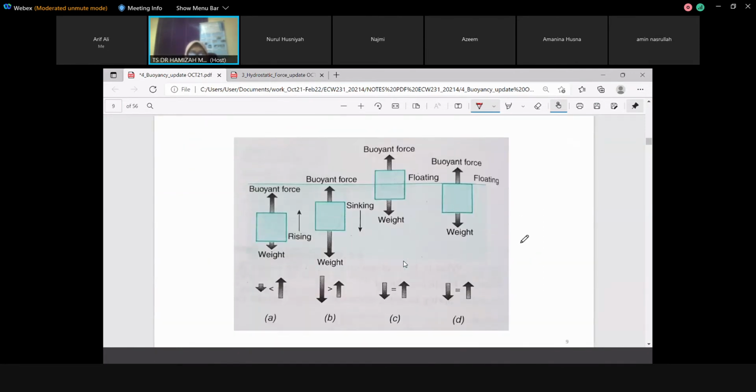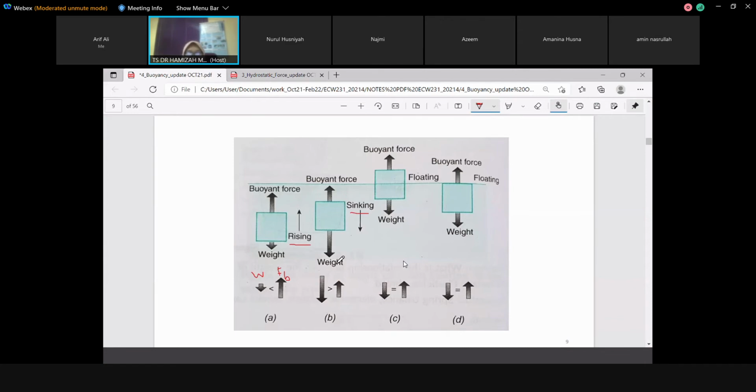Okay, so we have different condition here. So the first one, weight rendah, buoyant force tinggi. Okay, so bila weight rendah, buoyant force tinggi, dia akan rising, naik. Okay, second condition, weight tinggi, buoyant force rendah. So dia akan sinking to the bottom.